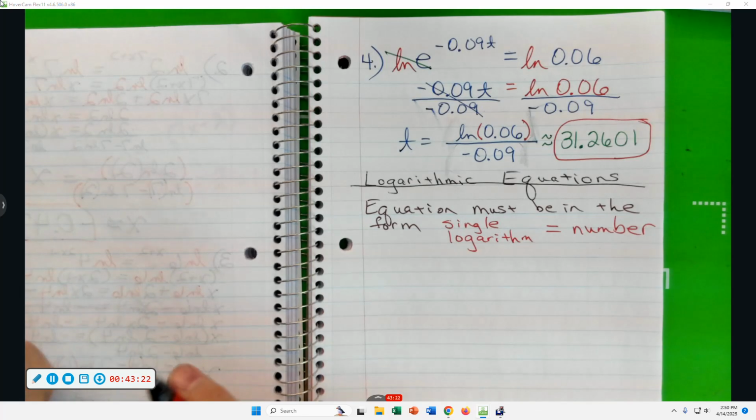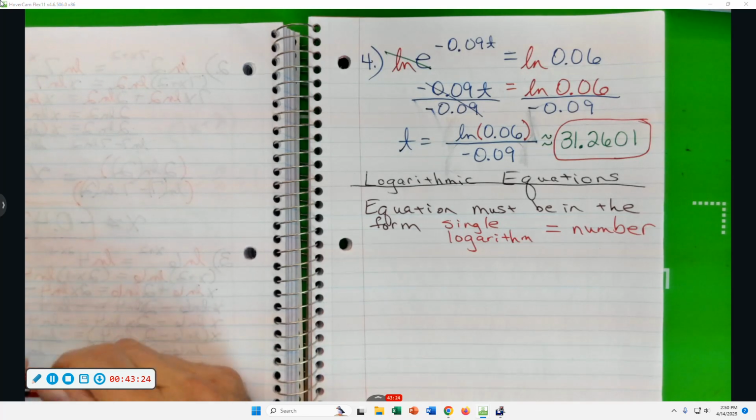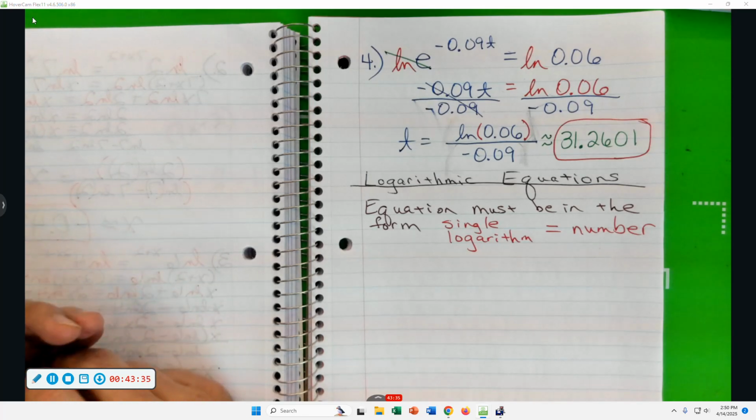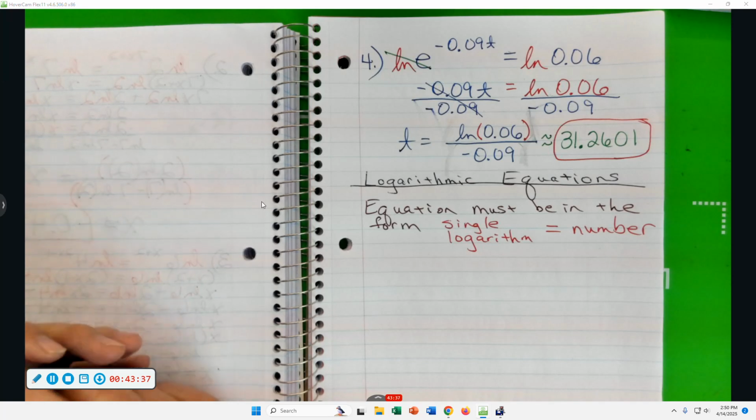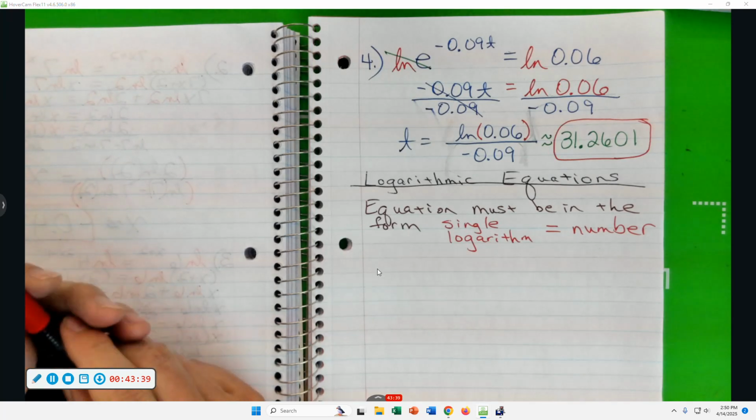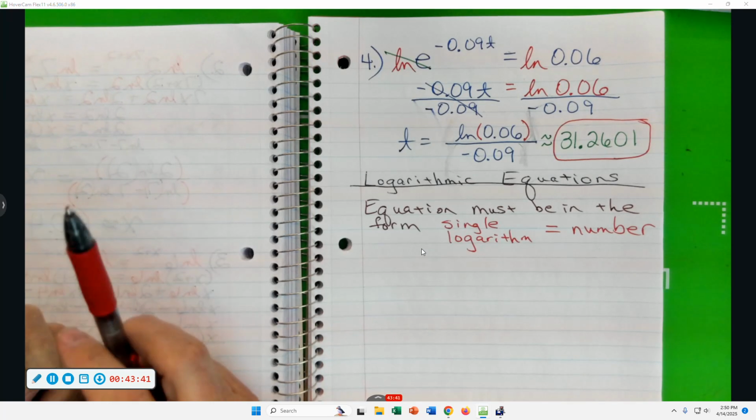You need the equation in the form so that you have a single logarithm on one side and just a number on the other side. In that event, you then turn that statement into powers using exponents. Whatever the base of the logarithm is, that's the base of the exponent.